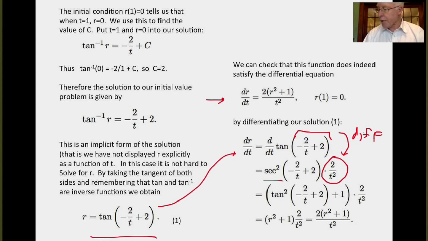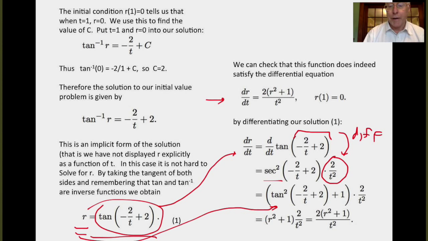Here we use the identity that secant squared is tangent squared plus 1. So secant squared of minus 2 over t plus 2 is the tangent squared of minus 2 over t plus 2, and then plus 1. Now, finally, remember tangent of minus 2 over t plus 2 is r, and so we're seeing r come out here finally.